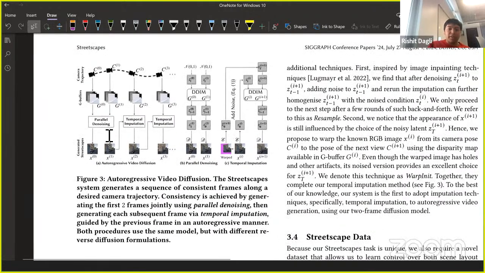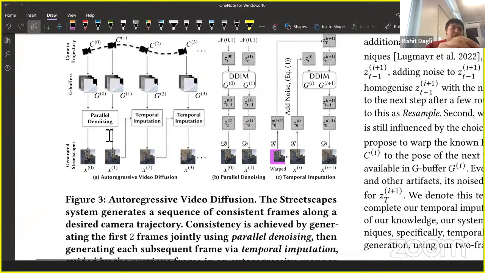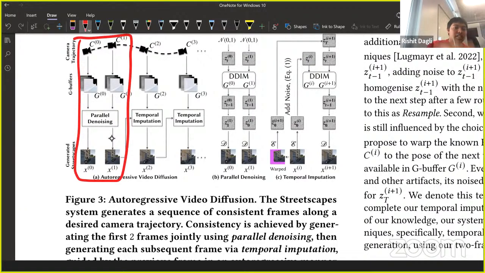You start by doing parallel denoising. You had all of these conditionings in the ControlNet, and you made the G-buffers by rendering it. Then you did the parallel denoising like they talked about in figure 2, and then you actually have two frames. Great. So now you do this thing that they call temporal imputation.